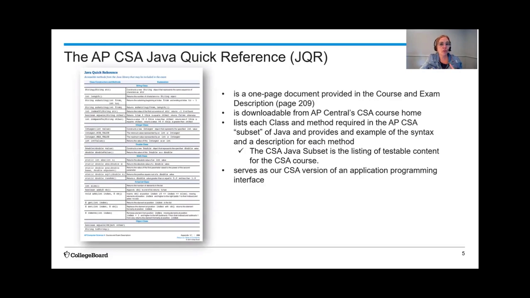So when your teacher says, or I say subset, what I mean is the components of Java that have been identified on the Java Quick Reference that are a part of this course. You're not responsible for the rest of Java. You can certainly go beyond the subset and learn other things, but you don't have to.